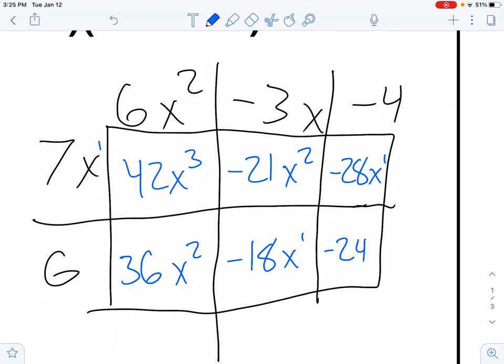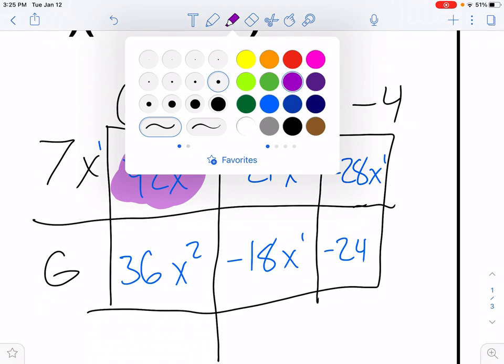Okay, so I'm going to do some highlighting here, and what you're going to notice, I'm going to highlight my like terms in the same color.